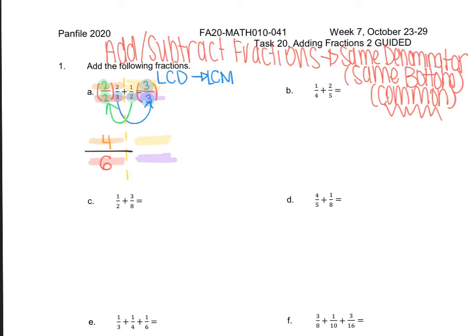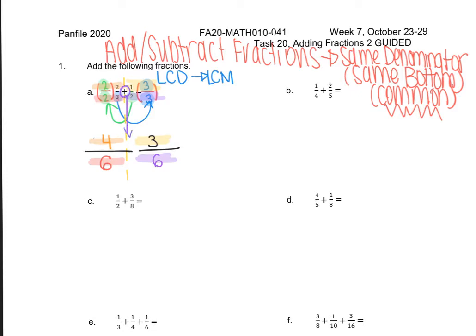Remember what I'm going for: a common denominator, so I want the bottoms to be the same. So I multiply the tops, 1 times 3, and I get 3. And I multiply the bottoms, 2 times 3, and I get 6.